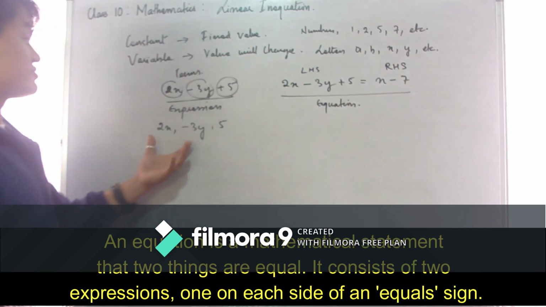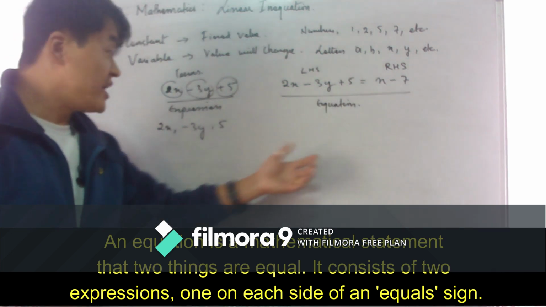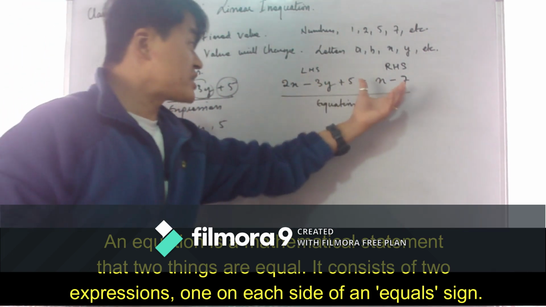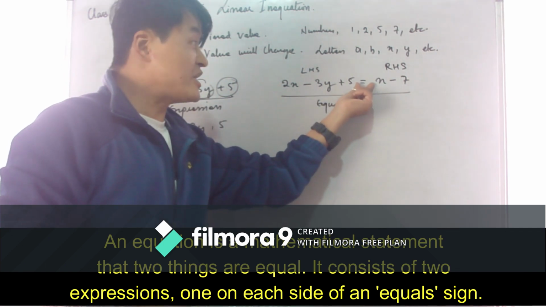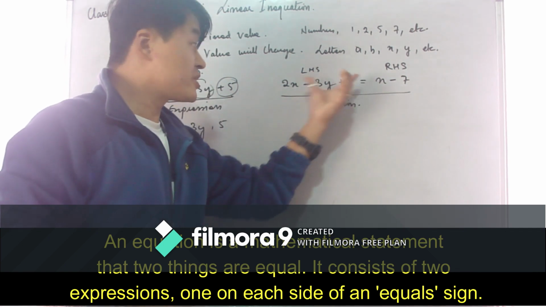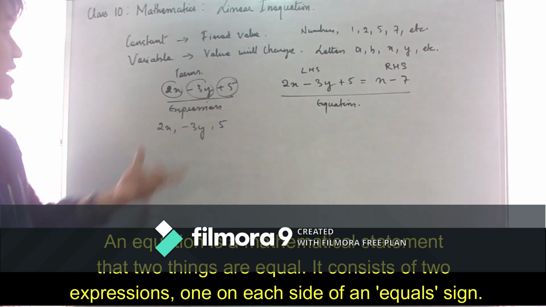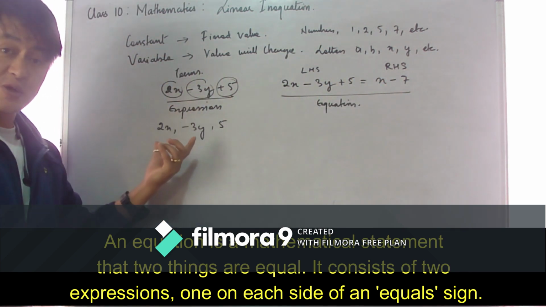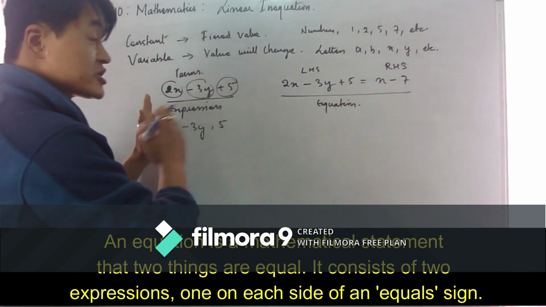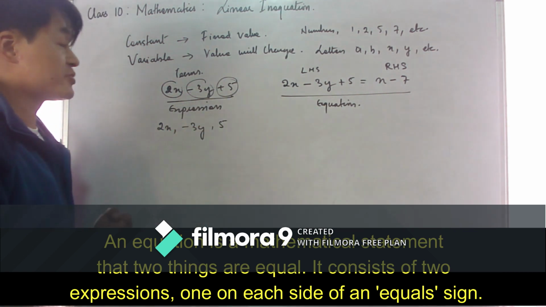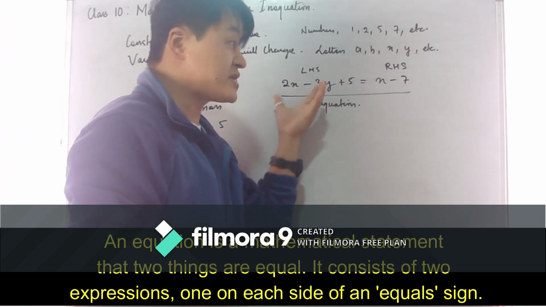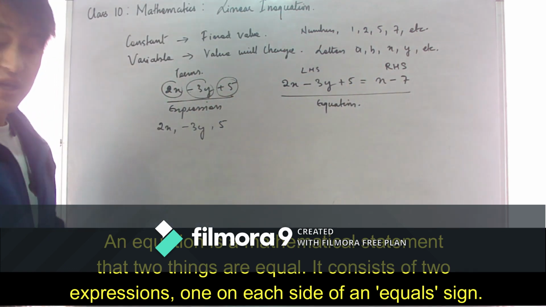This is the difference between an expression and an equation. An equation has two sides separated by the equals to sign, because we are equating this with this. An expression does not have sides, while an equation has both sides, left hand side and right hand side.